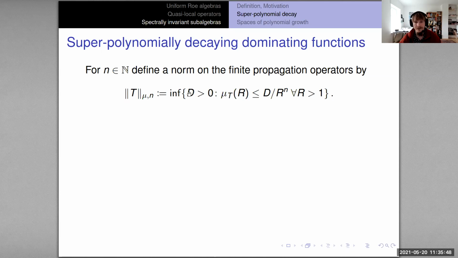And the actual value of the norm is then the infimum of all these constants d that you can put on the right-hand side of this estimate. This just means that if your operator has a finite such norm, then its dominating function decays polynomially, as a polynomial of degree n or faster.